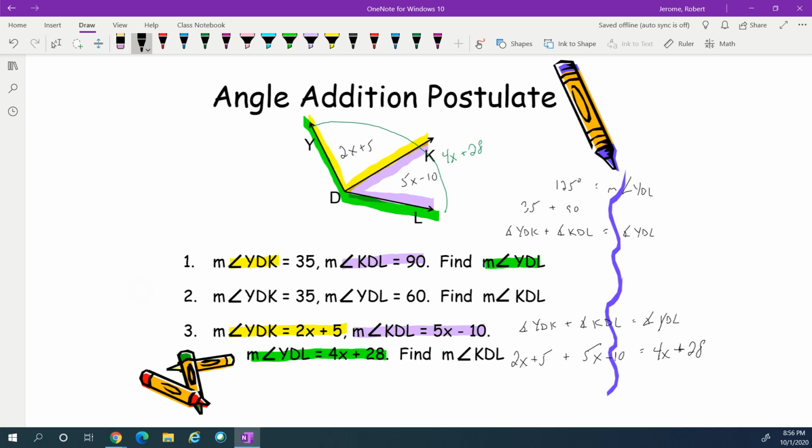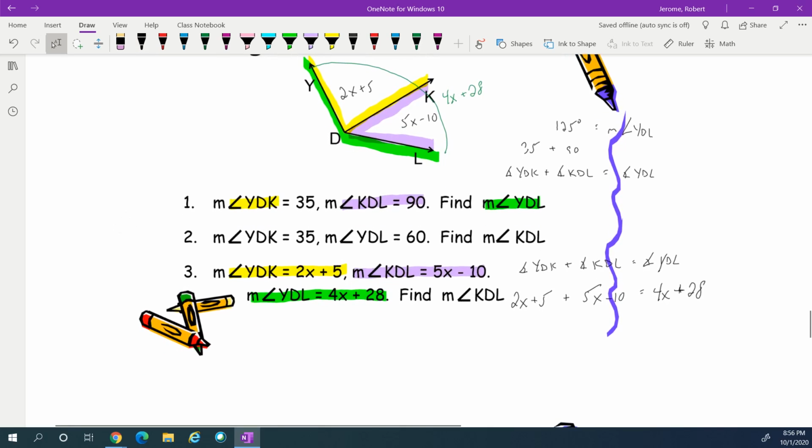And we're going to do some algebra. I'm just going to slide my screen a little bit. So let's see what we have here. We have 7x minus 5 equals 4x plus 28. So 3x, we're going to add 33, and x equals 11. But notice what they asked us to find. They asked us to find KDL. So we're going to take KDL and we're going to plug it in.